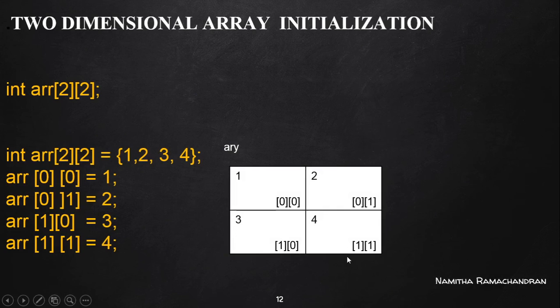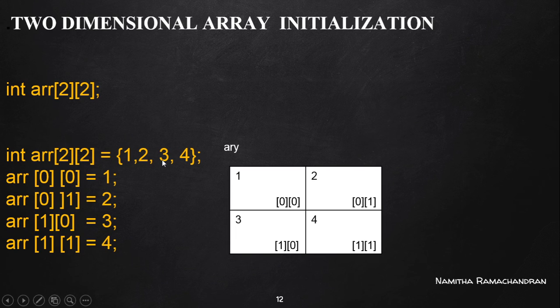Then the first element of this array is present at index location 0, 0 of this ARR. ARR of 0, 0 is 1. Okay, here the second element 2 is present in the second position of our first row, that is 0th row, first column position. In this particular index, we have the value 2 here.